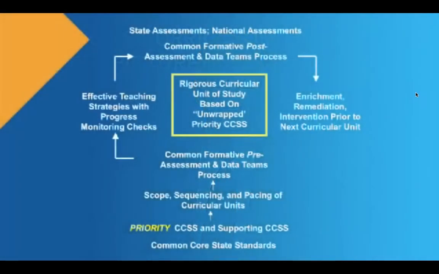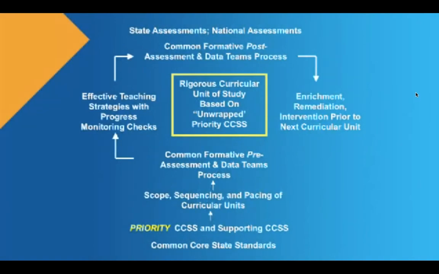In fact, this last component is before they move on to the next unit of study, there's a period of what we call the buffer week. It might just be a couple days, couple class periods, but during that buffer, children that still need a little bit more instruction receive remediation, or they may need some further intervention.